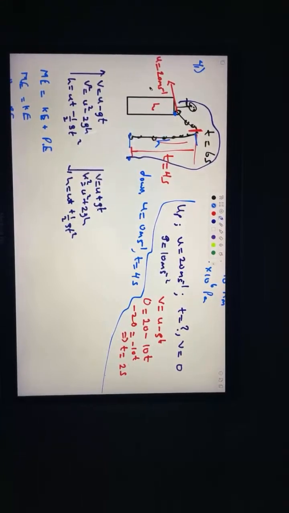If it is only kinetic energy, type K. If it is only potential energy, type P. And if it is both, just type both.